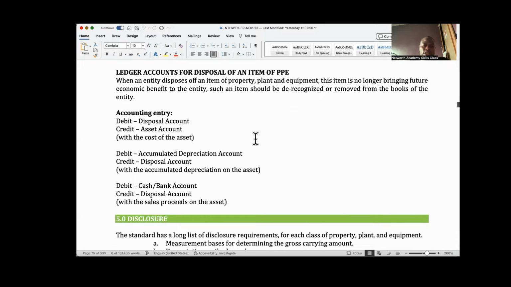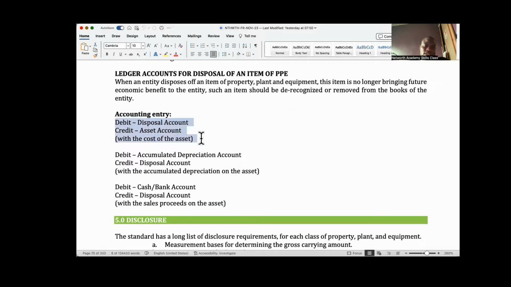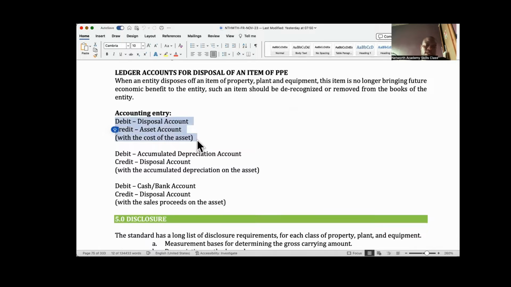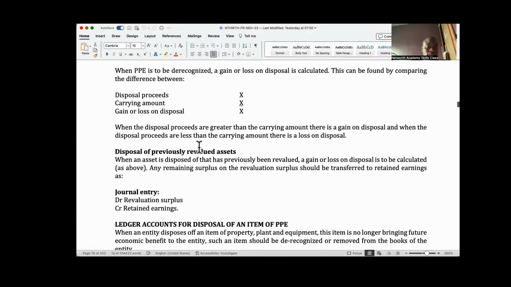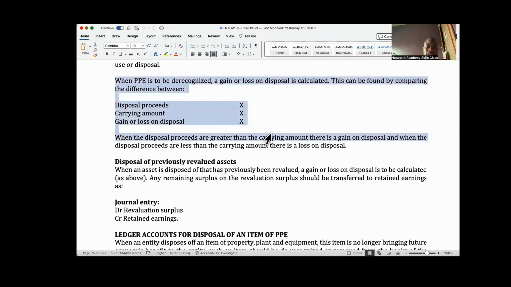Okay. However, I just went further to tell you, the cost, that asset account itself, you need to close it. The accumulated depreciation needs to be closed. Then the money you received, so your disposal account balance is like a gain or loss on disposal. So this summary is usually gotten in a disposal account.